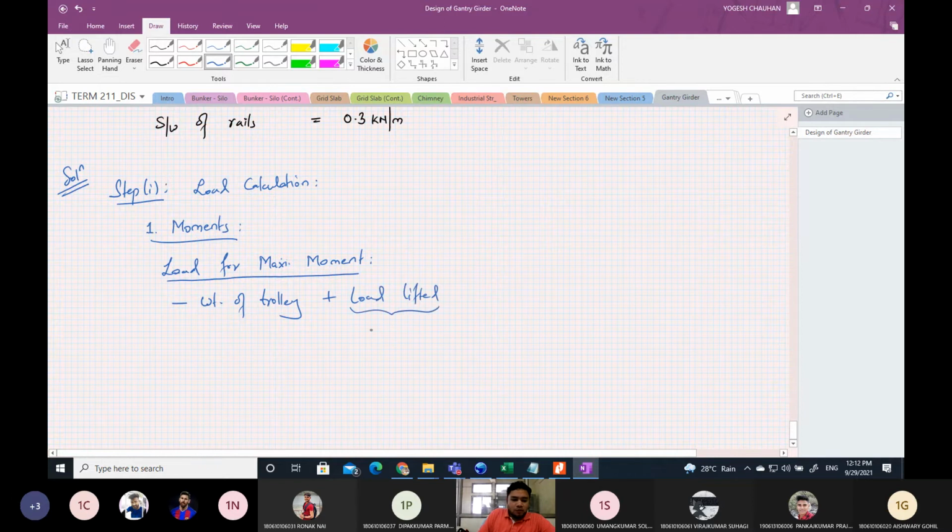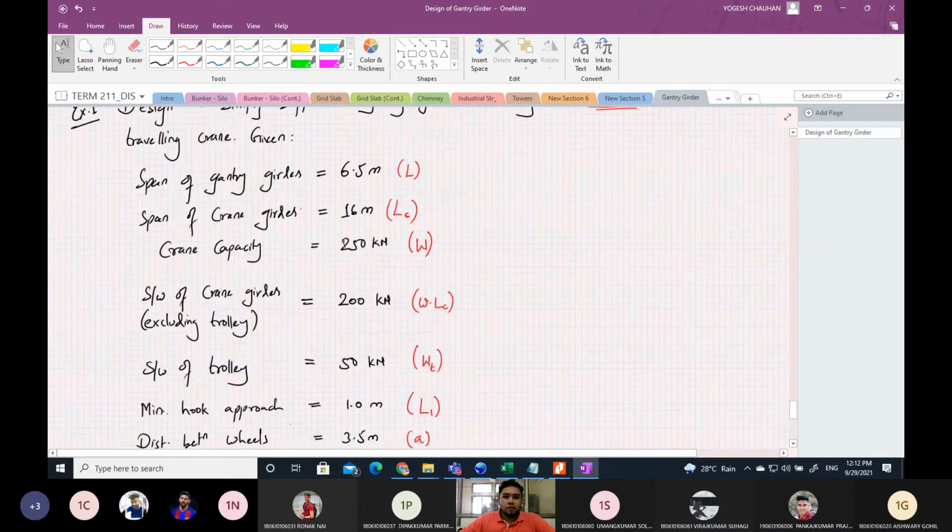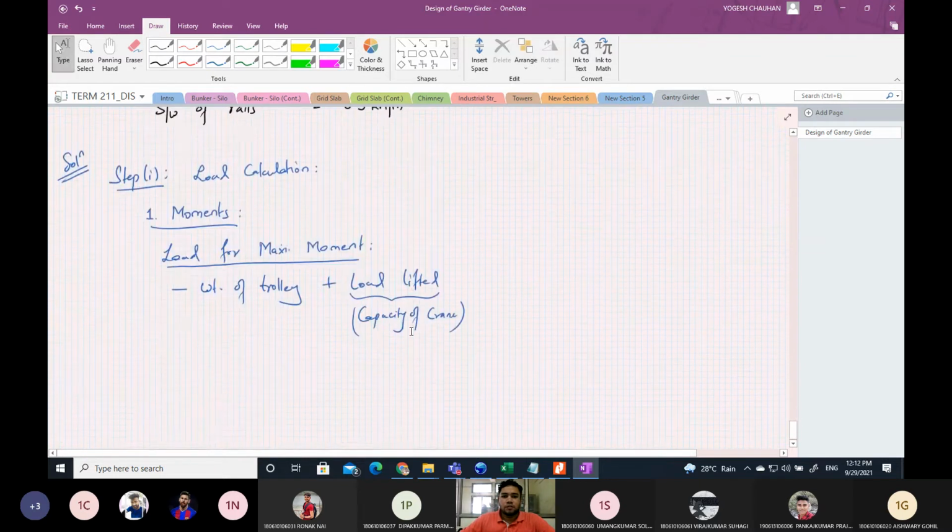This is nothing but the capacity of crane. So the capacity of the crane is 250 kilonewton.